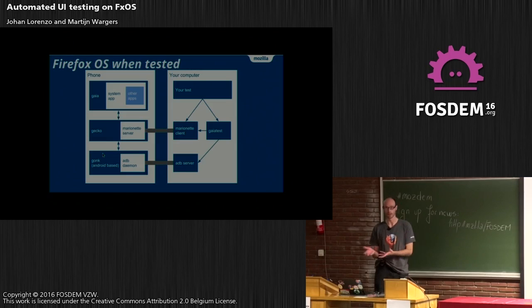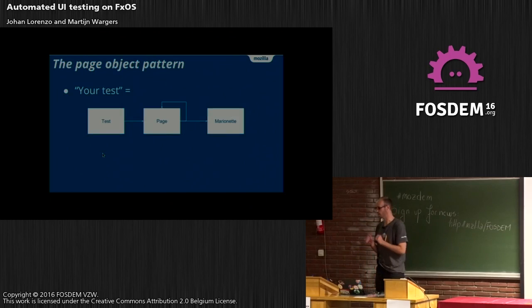If it's using the Marionette client, then it goes directly to the Marionette server, which is part of Gecko, and then it goes to Gaia, sending the commands to all the apps that you want to use. In the case of Gaia test, it can send commands directly to the ADB server, then to the ADB daemon, and from there to the Gonk layer, and then goes up from there.